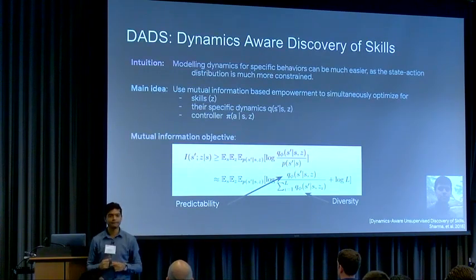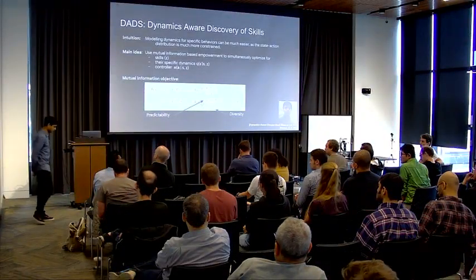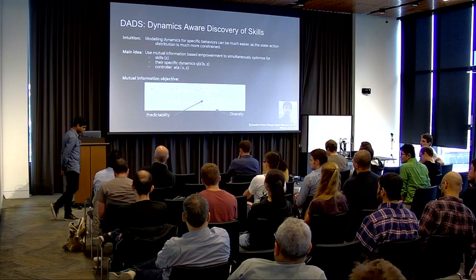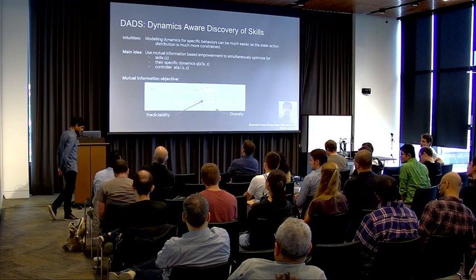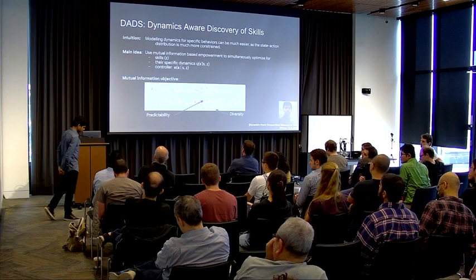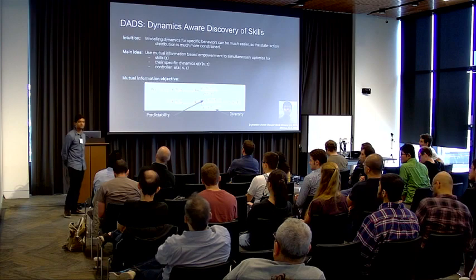Sorry, yes? One of the core issues here is that if my sensors are vision and I shut my eyes, then I'm very well predicting my future state, and I'm sitting still and not doing anything, and that's not a very good skill. Yeah, you're going to learn those skills. An intuition about the positives of this is to think of someone juggling.